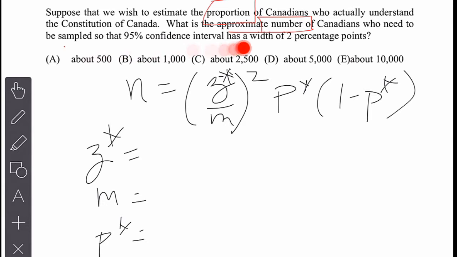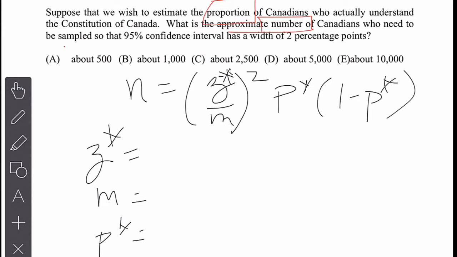So where do I find it, how does that help me? I want to make a 95% confidence interval, so I want to capture 95% of the observations centered around the mean. So I want to know how many standard deviations I have to go away from the mean to capture 95% on the standard normal distribution.